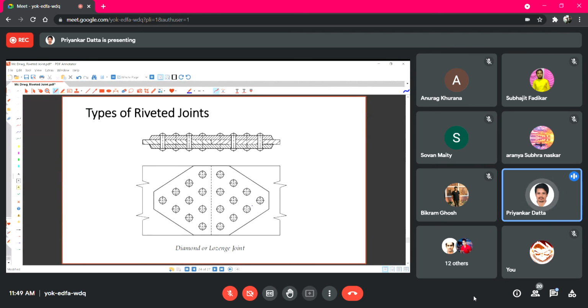So this type of joints you must have seen in different bridges, where to reduce the weight, the strap plate, instead of rectangular shape, is created trapezoidal on both sides, and on that the number of rivets is gradually reduced as we proceed away from the margin, and the number of rivets available in each row is reduced slowly. So that is one optimized design to reduce the total weight and costing.